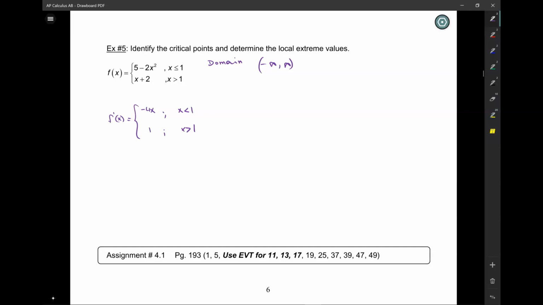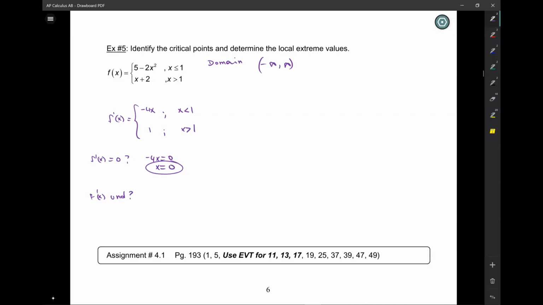Now, let's do critical points. Where is f prime of x equal to 0? Well, the bottom one is never 0, but for the top, -4x equals 0. So x is 0. So that's one critical point. Okay, where is f prime of x undefined?